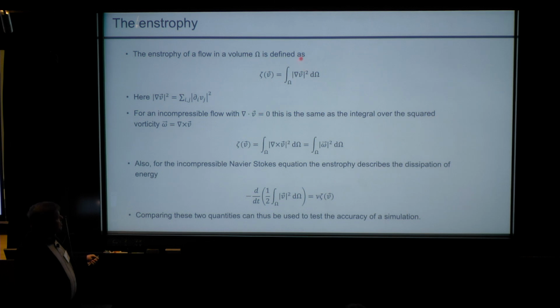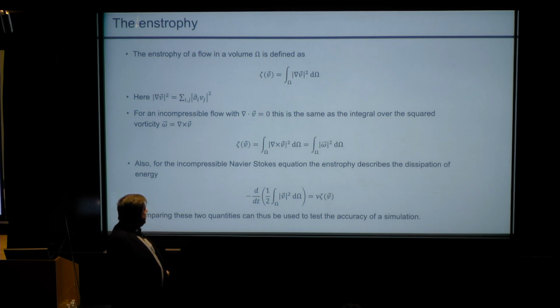This is not a scalar product, but a different product. If you have an incompressible flow that has zero divergence, then you can rewrite this entropy as the integral over the vorticity modulus squared. So this entropy is a measure of how much vorticity you have in the system.